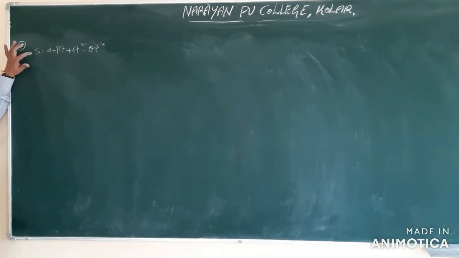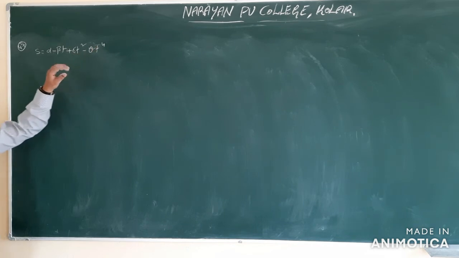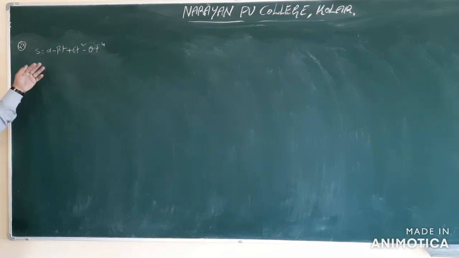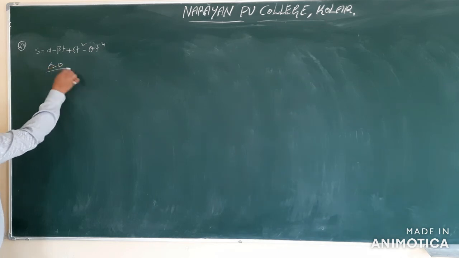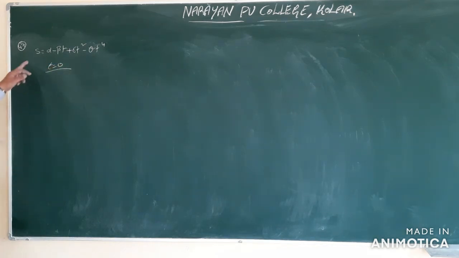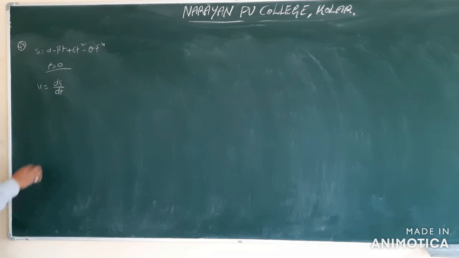See, they gave the displacement equation alpha minus beta t plus delta t square minus theta t power 4. They are asking initial velocity and initial acceleration. Initial means at time t is equal to 0. Therefore, for initial velocity and initial acceleration you have to take time value 0. But this is displacement. If you want to get velocity, we have to differentiate. V is equal to ds by dt.